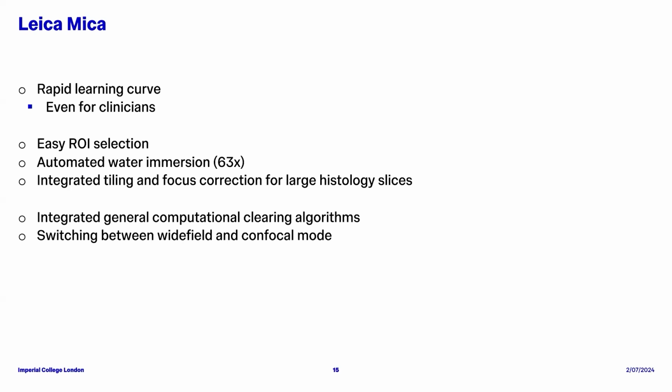And the auto measure means that you can go straight from a whole tissue to a very specific ROI and still know where you are in your sample. It's also got great integrated computational clearing algorithms, so you don't need to know too much about your sample in terms of your point spread function, and you can switch very easily between widefield and confocal mode.